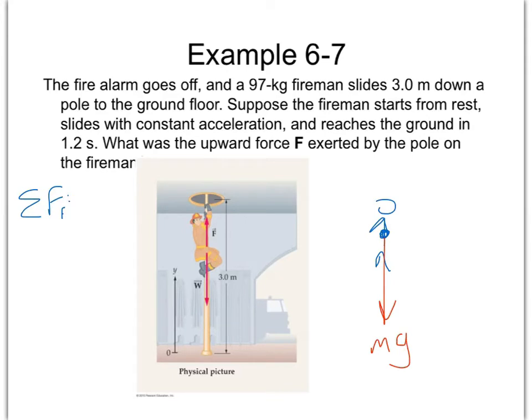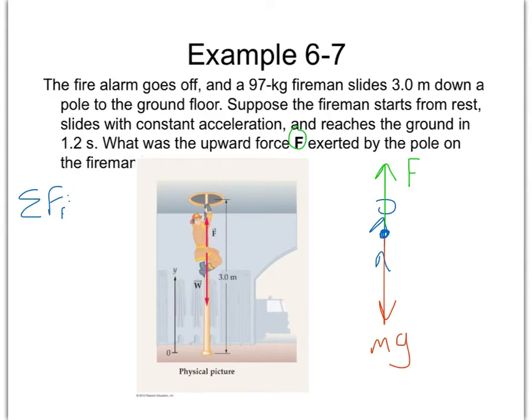And the reason firemen slide down poles is because poles provide a force, you might call it like a friction force, which we'll talk about later, that is directed in the opposite direction, or up. And that's really that force right there that we're solving for. So you can describe the net force on the fireman in two ways.